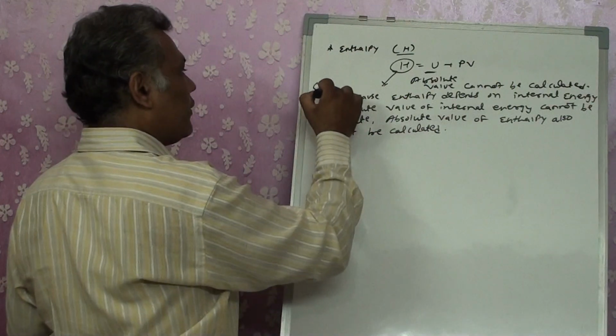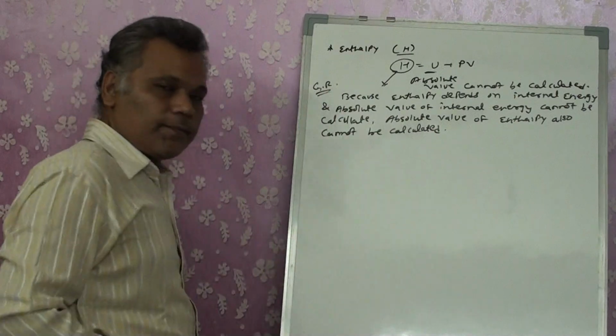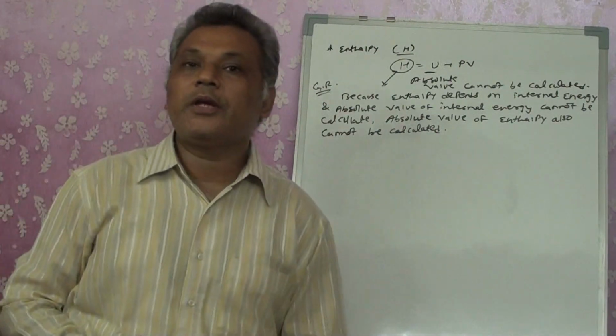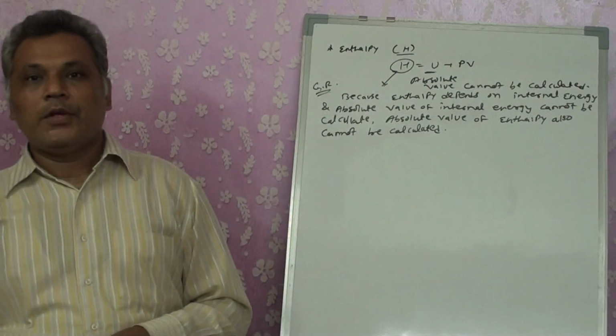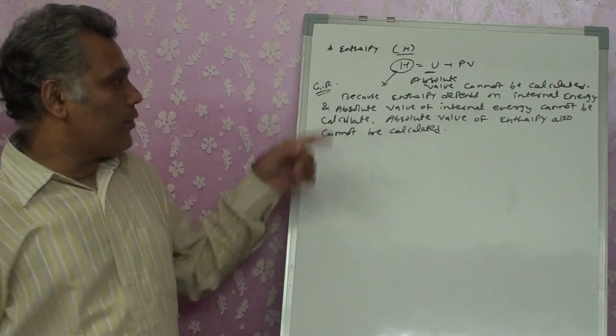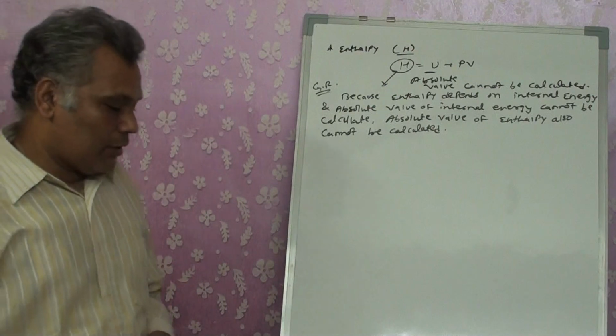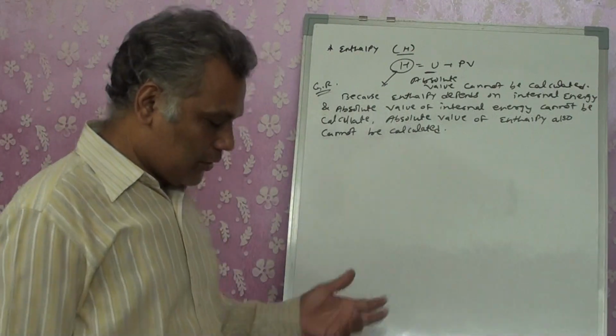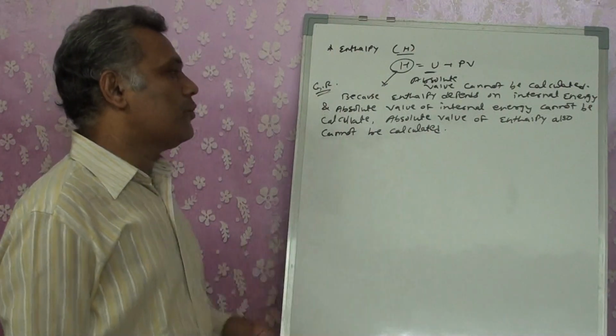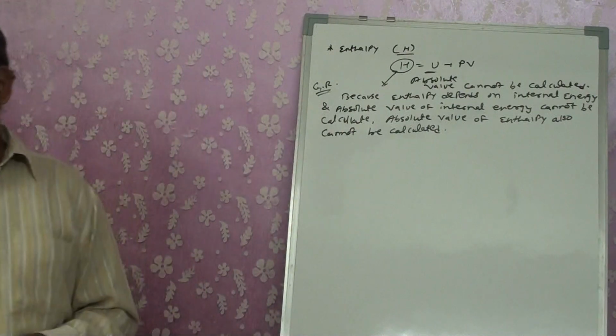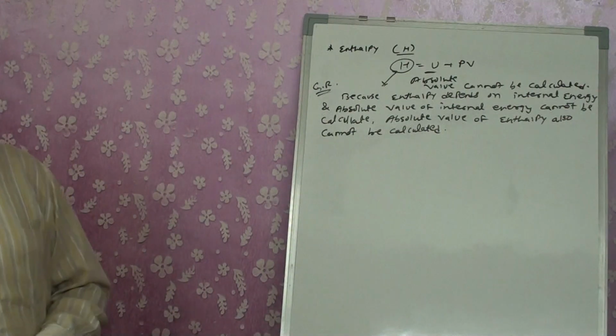This is one of the reasons why the absolute value of enthalpy cannot be calculated. The answer for this we are going to write in this format: the absolute value of enthalpy depends on the absolute value of internal energy, and it cannot be calculated, so we can't calculate the absolute value of enthalpy also.